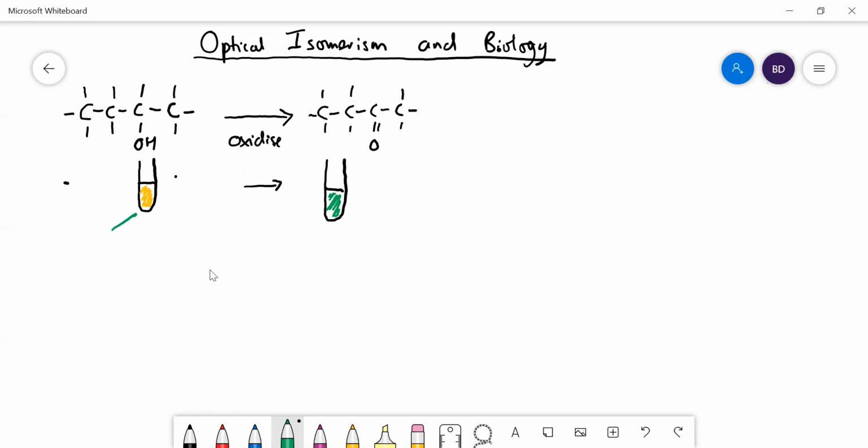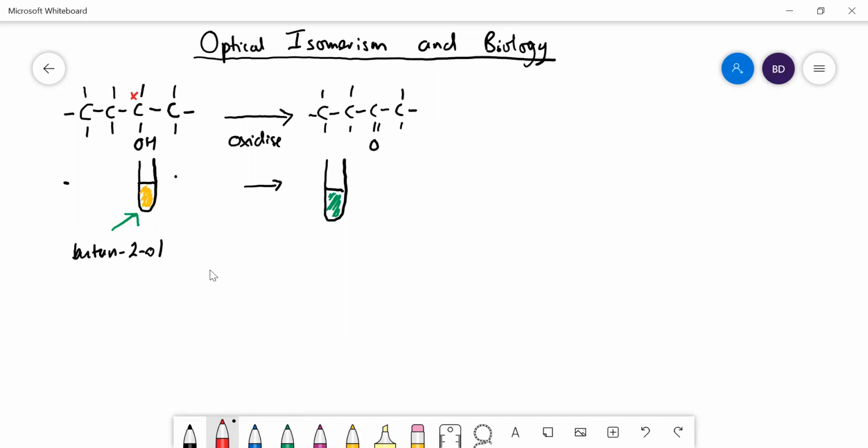What I've got in there is butan-2-ol, and butan-2-ol has an asymmetric carbon atom, with 4 different groups attached to that carbon: an OH, an ethyl, a hydrogen, and a methyl.